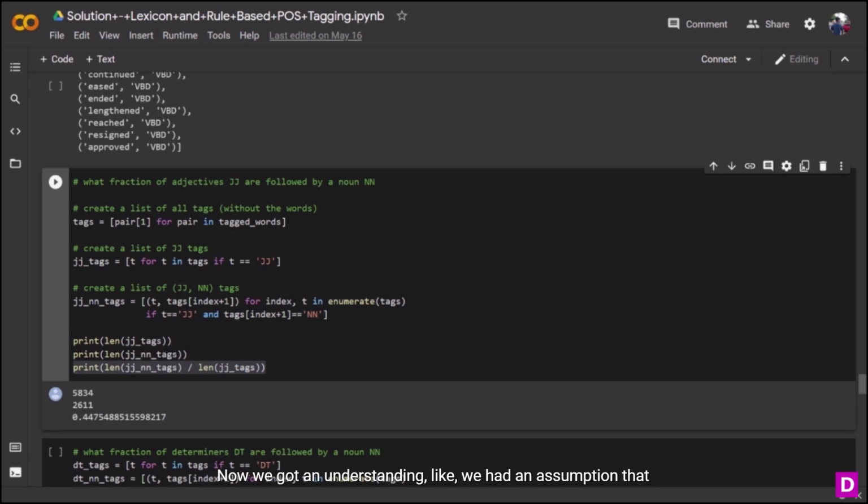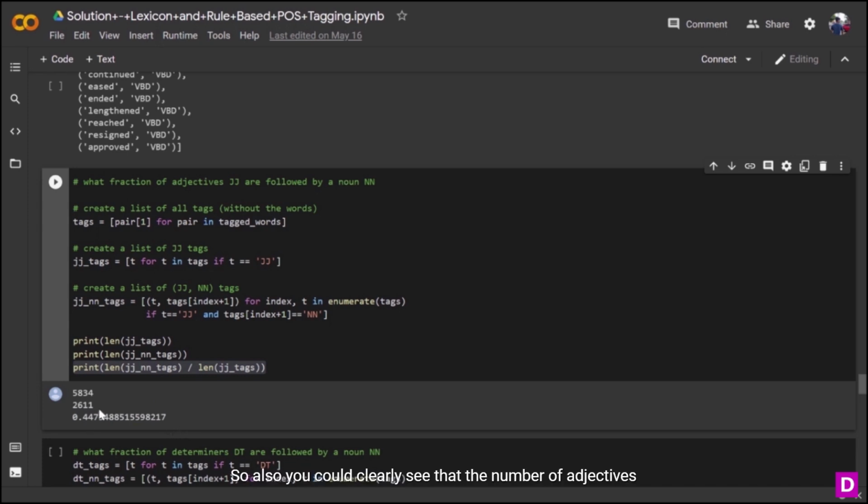We had an assumption that in any general English sentence or statement, we generally encounter a situation where a noun is preceded by an adjective. And we have also clearly seen proof of that here. A 44% indicates that in a given text corpus this would be the scenario.